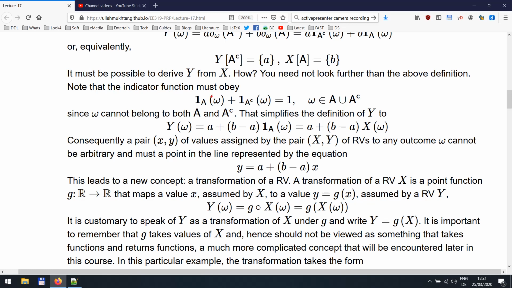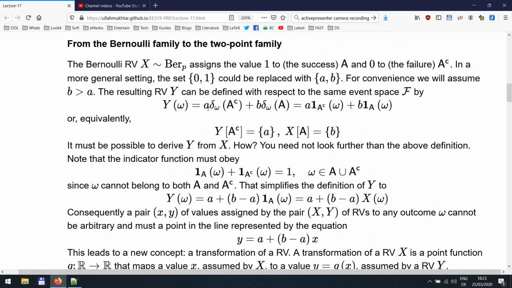Now, how does this help us? We know our X was basically 1_A, the indicator function of A. So we can now do something interesting. Let's look carefully at this definition of Y. Y is a linear combination of the two indicator functions, 1_A and 1_A complement.